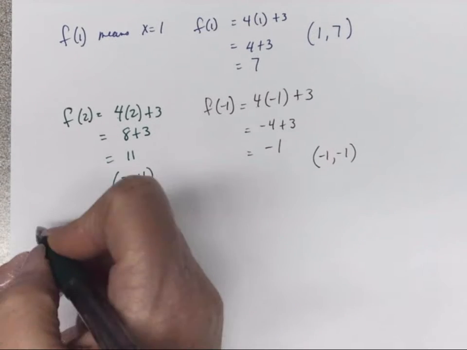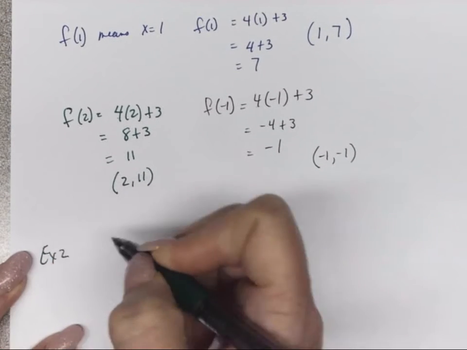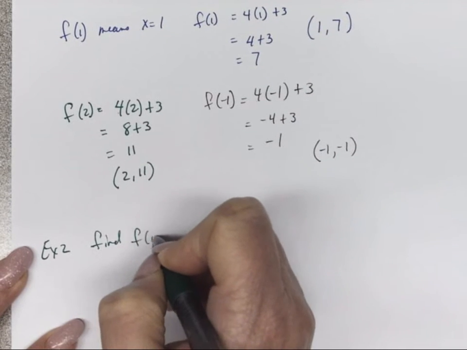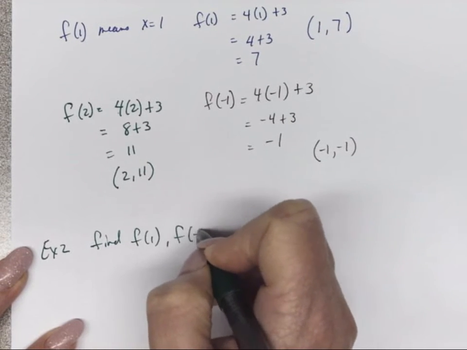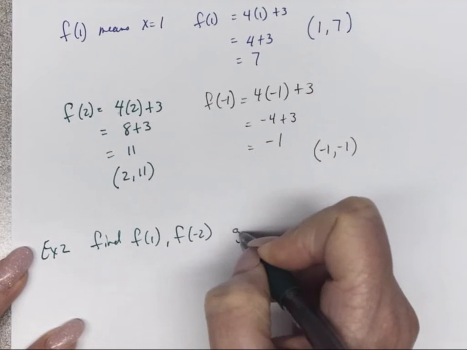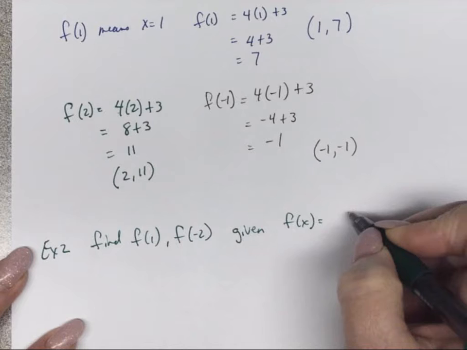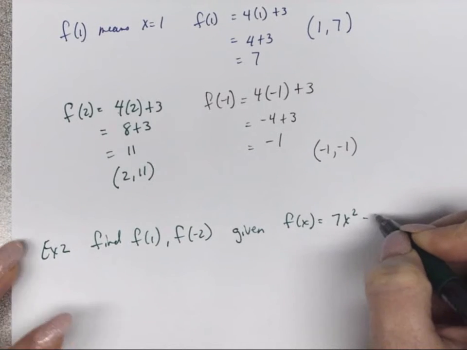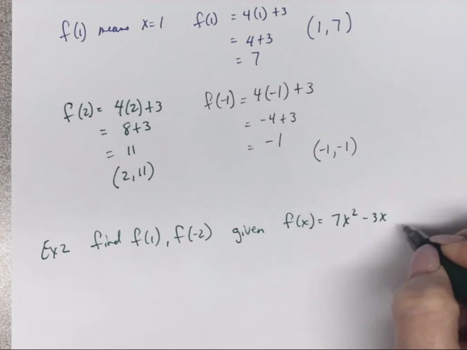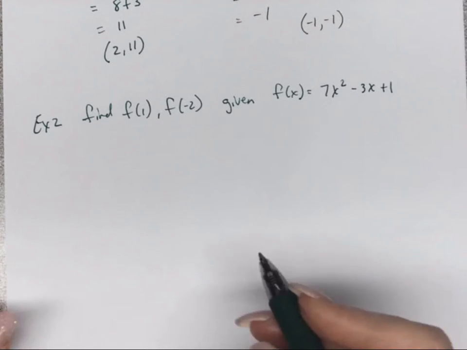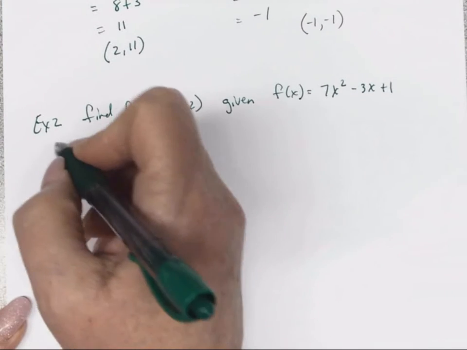All right, let's go look at example 2. We want to find f at 1 and f at negative 2, given that f of x is equal to 7x squared minus 3x plus 1. So let's go find f at 1.